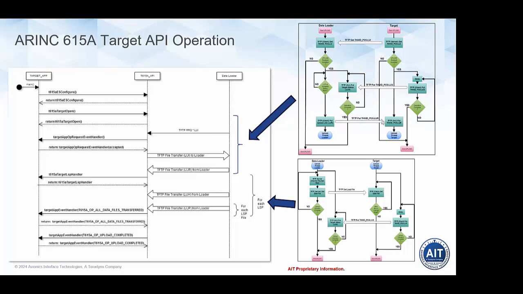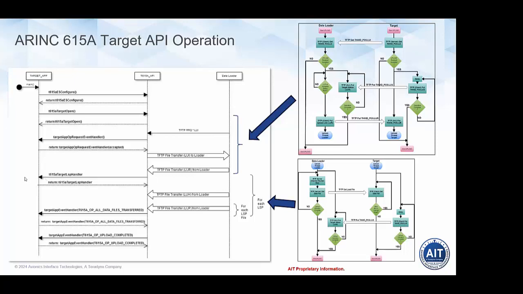The next step for the data loader is to send the LUR protocol file over to the target. This is the protocol file that contains the list of all the loadable software parts that the data loader wishes to upload during that upload operation. When that LUR is received on the target side, that would invoke the LSP callback function into your application.